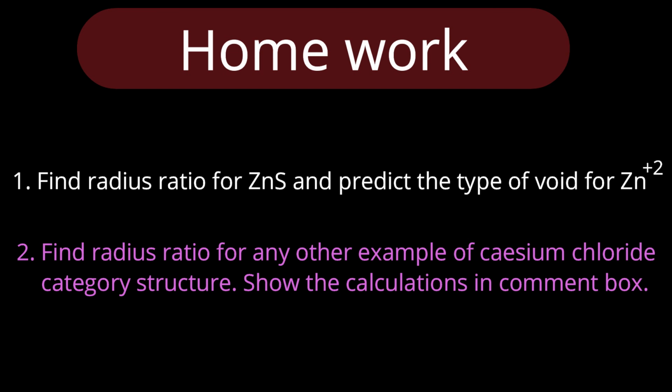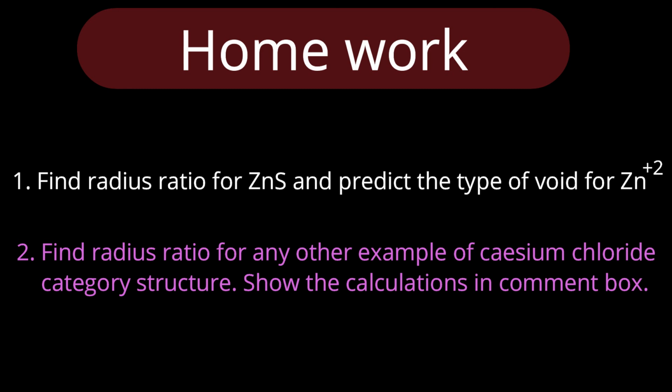Now homework for you. The first question is to find the radius ratio for zinc sulfide and predict the type of void or gap present for zinc ions due to sulfide ions. The second question: I have given you other examples of the cesium chloride category of structure.